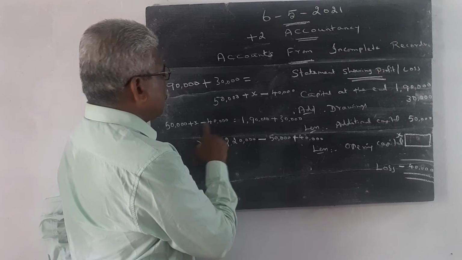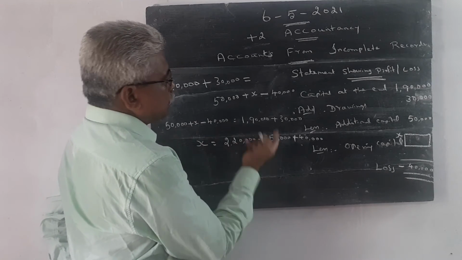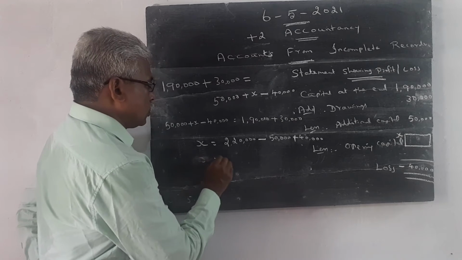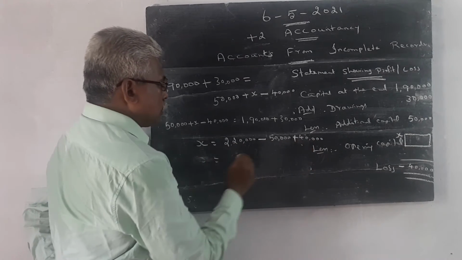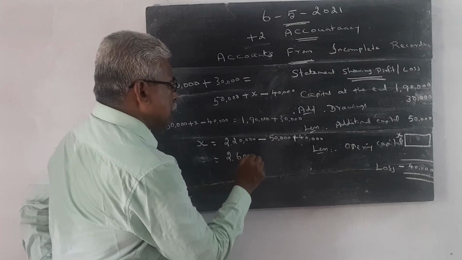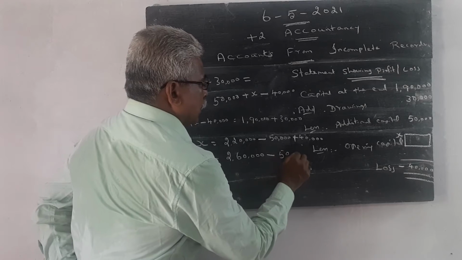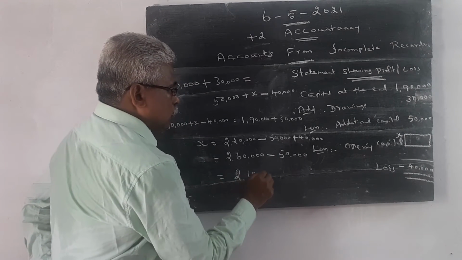That is why a minus figure will be written as a plus sign and the plus symbol can be written as a minus sign. Then we calculate the x value. x is equal to, we simplify it. 2,20,000 plus 40,000 is equal to 2,60,000 minus 50,000 is equal to 2,10,000.